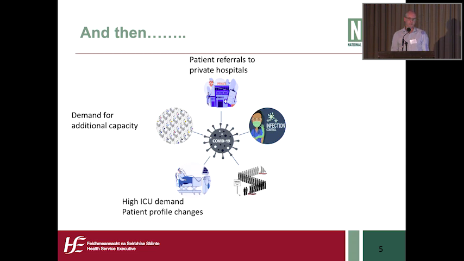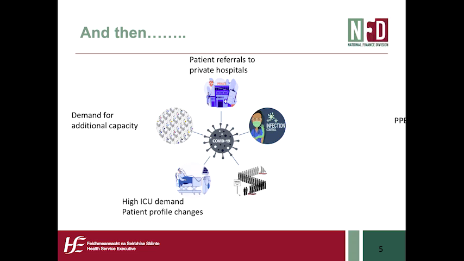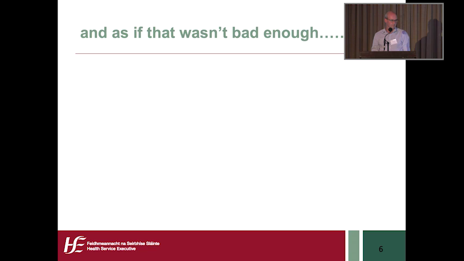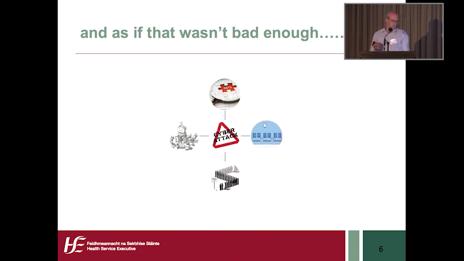A lot of patients were now referred to the private hospitals, as Brian mentioned earlier on. There was a huge amount of focus on PPE, infection control, and different pathways for COVID and non-COVID patients. And as with most things, we ended up with longer waiting lists. And if that wasn't enough, we came to 2021 and we got a cyber attack.